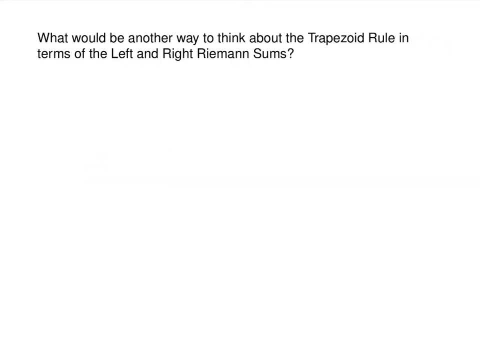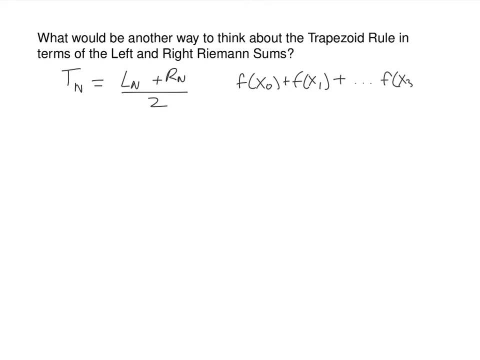Now, another way to think about the trapezoid rule in terms of the left and right sums is that it actually is the average. So the trapezoid rule is equal to the left sum plus the right sum divided by 2. If you think about it, the left sum does f of x naught plus f of x1, and so on, with that 4 thing, ends on f of x3, and multiplies that by delta x. That would be L4.